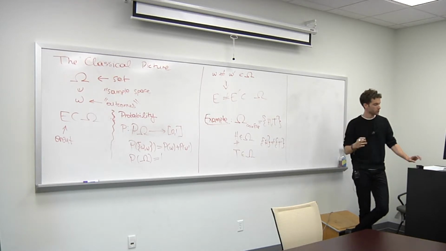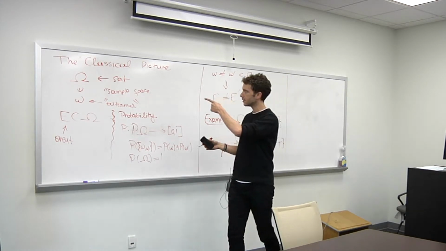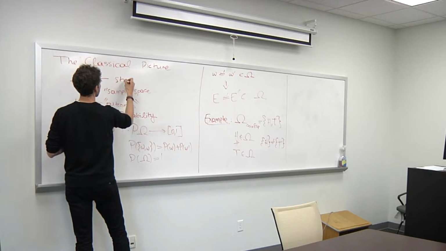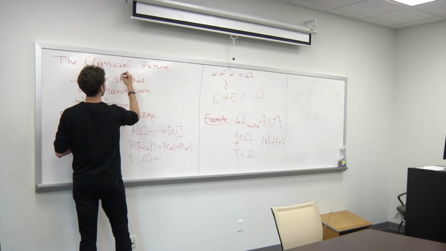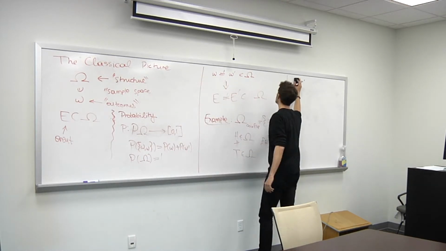Okay, so there's 3 problems I'm going to raise, and I'm going to solve them by moving away from this picture. So this is going to become a structure, and I'm going to say what the structure is later. Okay, so what are the 3 problems?